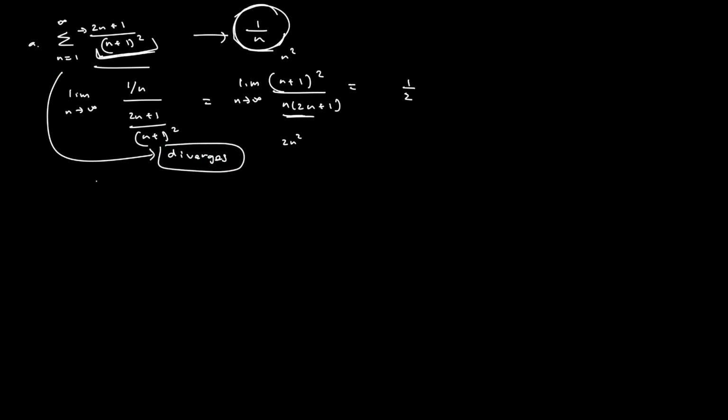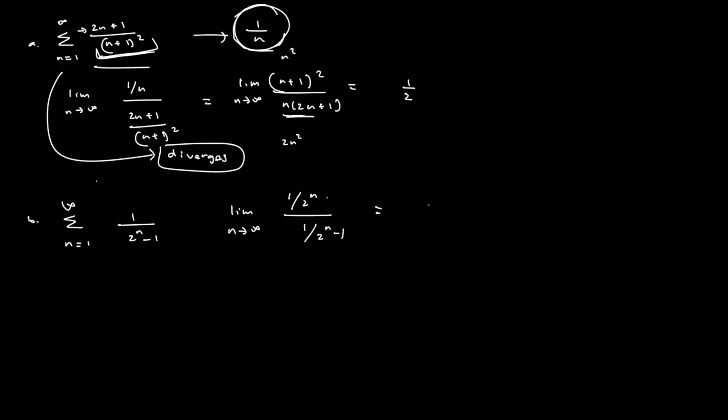Let's do another example. Let's do the sum from n equals 1 to infinity of 1 divided by 2 to the power of n minus 1. So let's just compare, taking the limit as n tends towards infinity of the function 1 over 2 to the n divided by our current function.